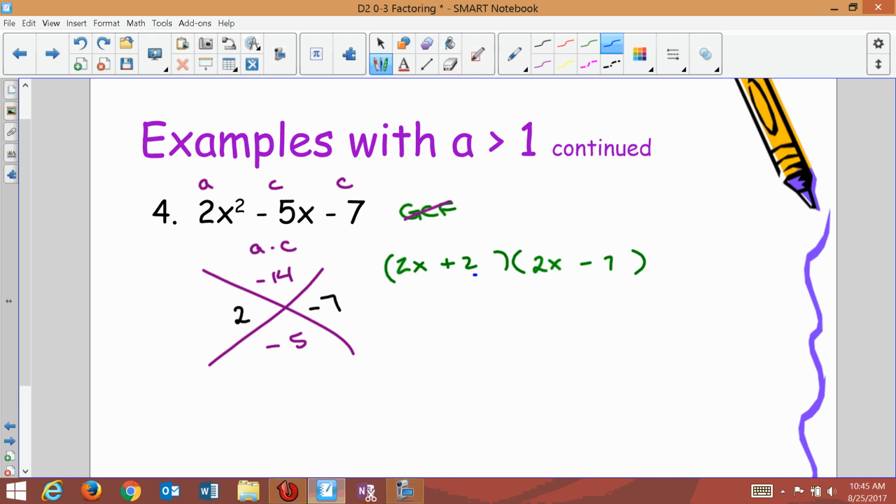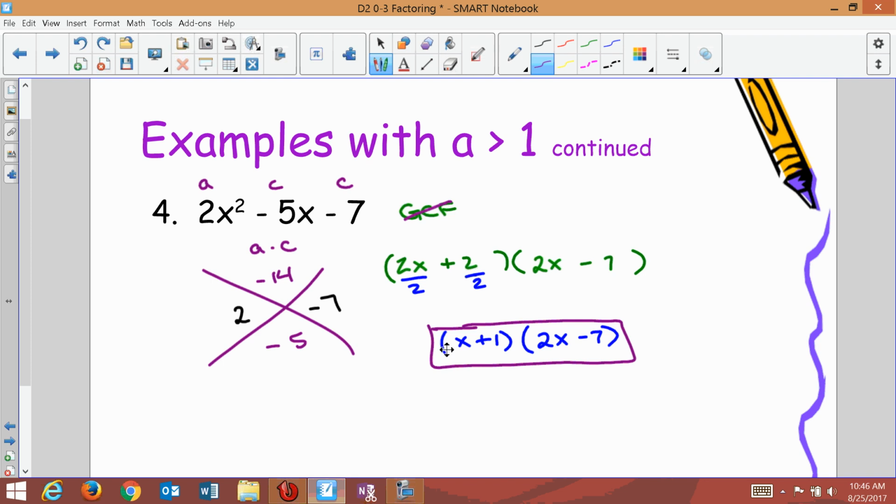Each of these can get divided by 2, so I'll simplify there. Over here, I can only divide by 1, so I'm not even going to write the ones. That parenthesis will stay the same. My actual answer, the factored form, would be x plus 1 times 2x minus 7. Those two quantities would give me my correct answer.